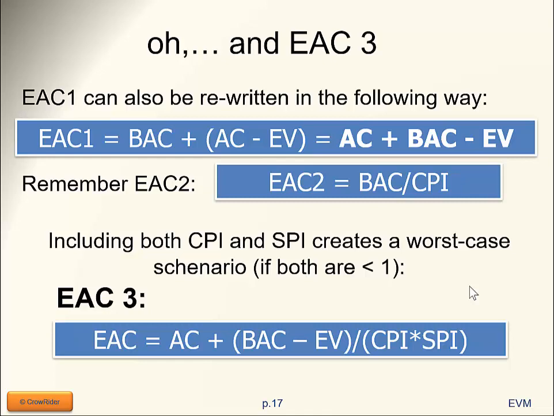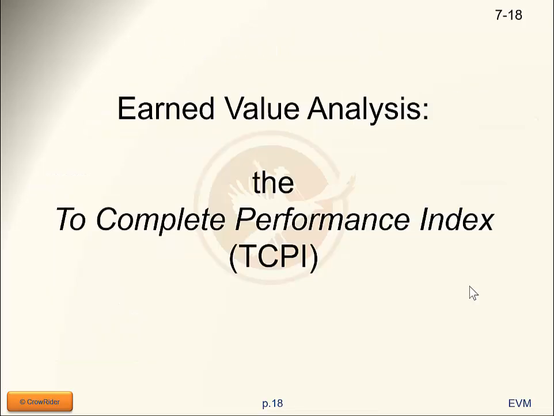On the other hand, however, if I have 0.9 CPI but 1.1 SPI and I multiply them together, I am washing off the deviations. So this formula here, you should only consider it when both CPI and SPI are less than 1. And you do it with the explicit purpose of creating a worst case scenario. Okay, that's the objective of this EAC3.